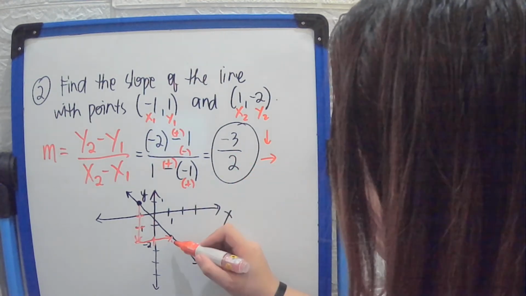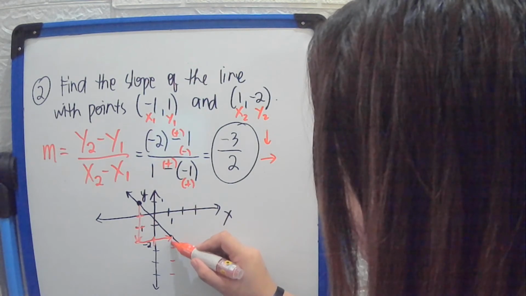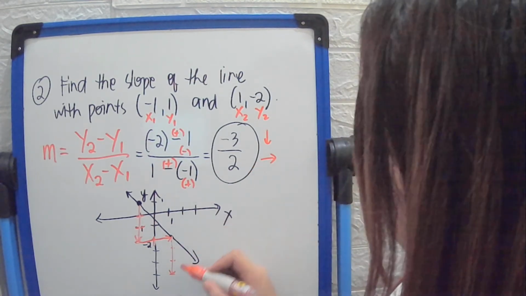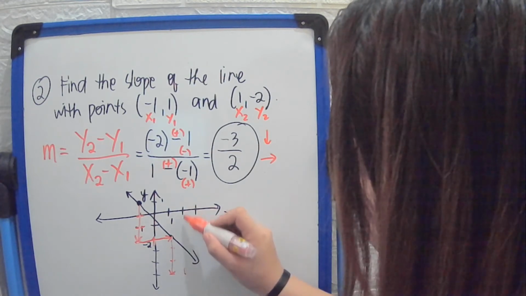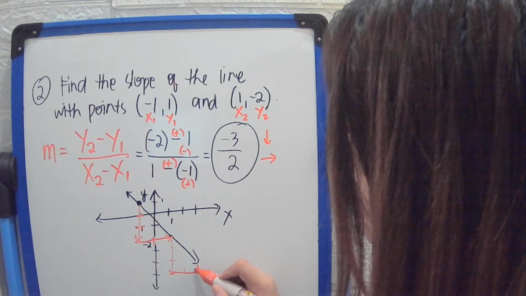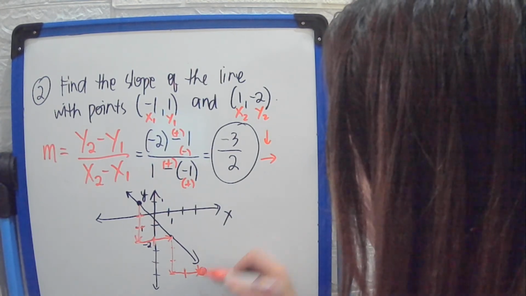You have 1, 2, 3. And then, you go 2 times to the right. So, ito yung first unit. Ito yung second unit. So, nandito yung third point natin.